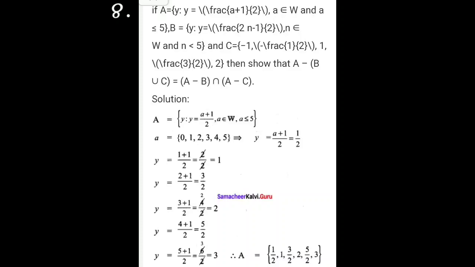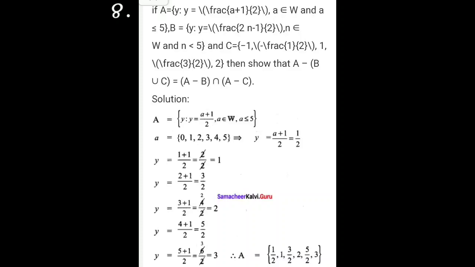Put a is equal to 3, y is equal to (3 plus 1) divided by 2 is equal to 4 by 2, we get 2. Put a is equal to 4, y is equal to (4 plus 1) divided by 2, we get 5 divided by 2.